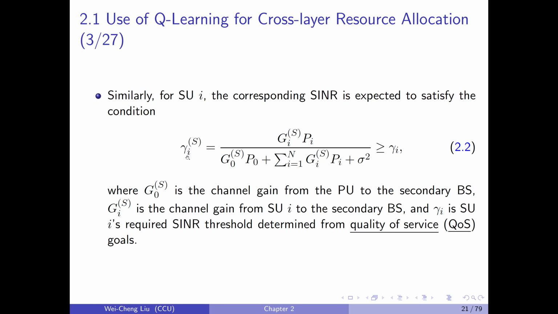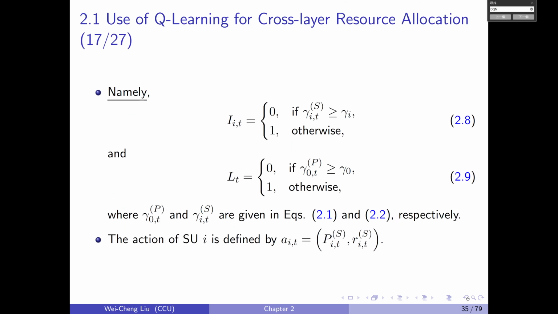Let us see, for secondary user i, the corresponding SINR is gamma_i^S. So we know that gamma_i^{t,S} is the SINR of the ith secondary user at time t.